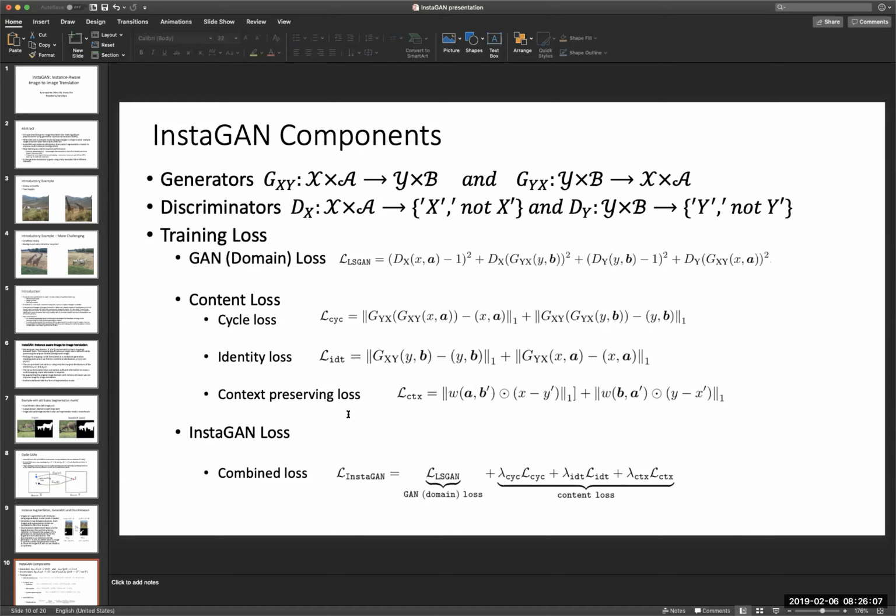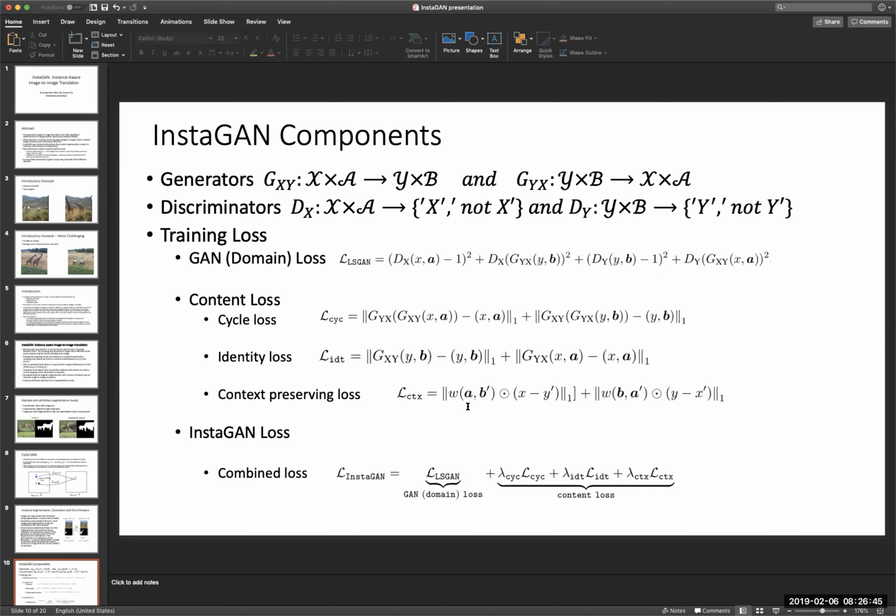Another of the content loss terms is a loss that's meant to measure the background distortion. That's done by looking at the differences in input and output, but only on a region which is considered background in both the input and output domains.